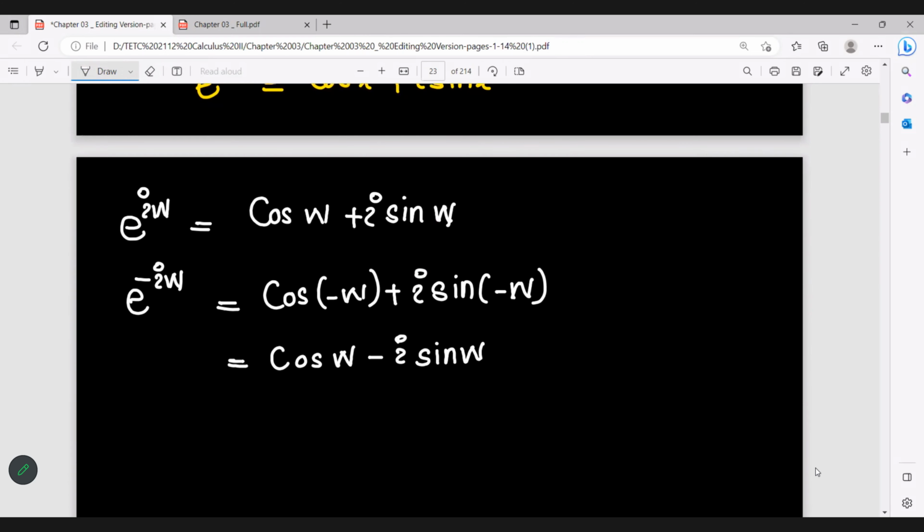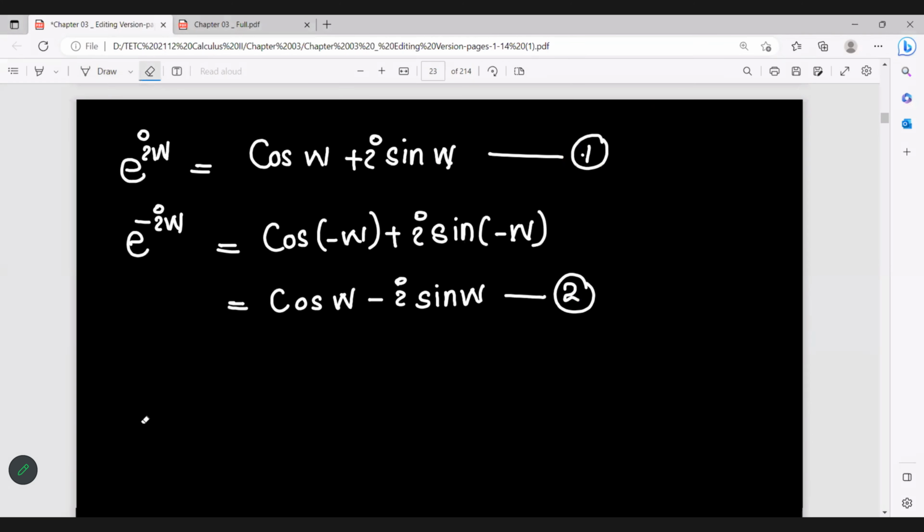So in our expression, we have e to the power iw minus e to the power minus iw. Let's label these as equation number 1 and equation number 2. E to the power iw minus e to the power minus iw means we need to consider 1 minus 2.